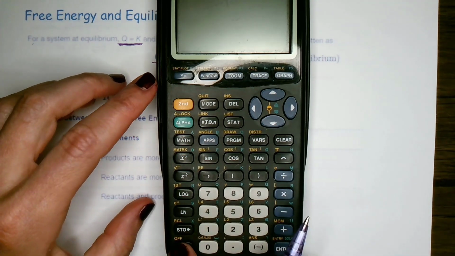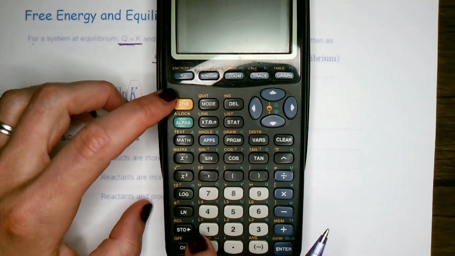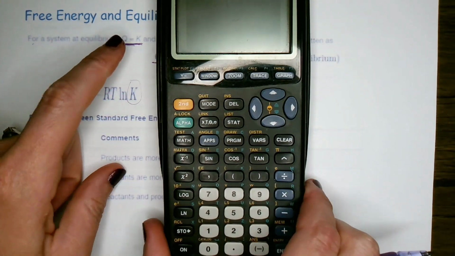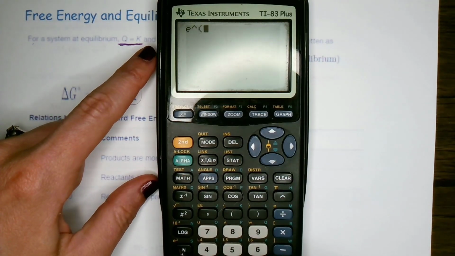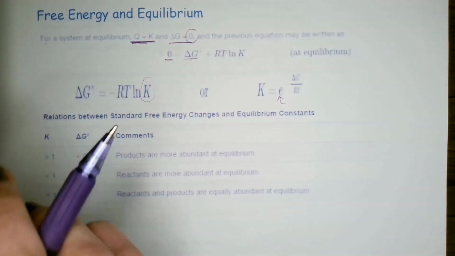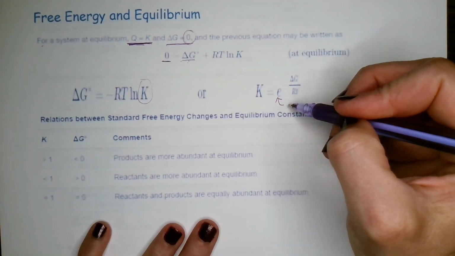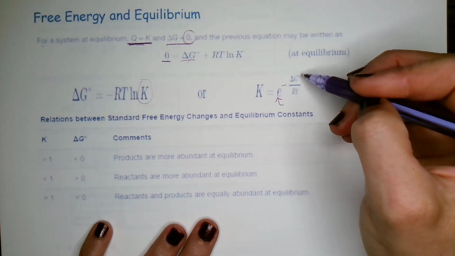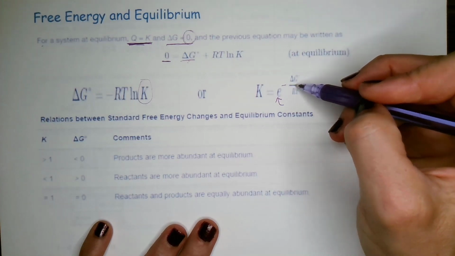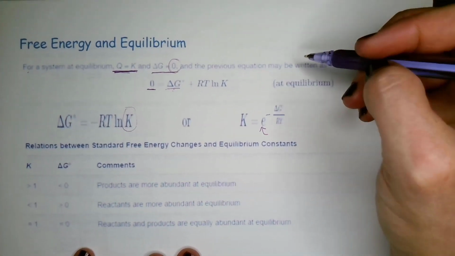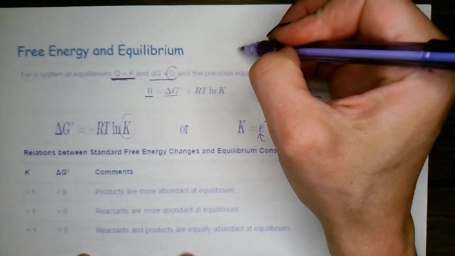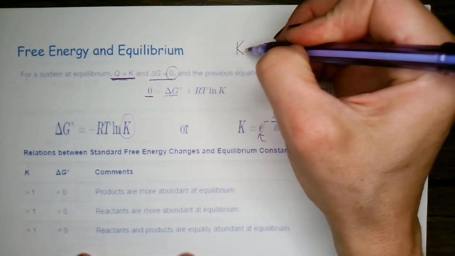And this is on your calculator. Well, it depends, I guess, what calculator. But if you hit second natural log, it's e to the x power. This is Euler's number base. So then we would have e to the negative delta G standard divided by RT.